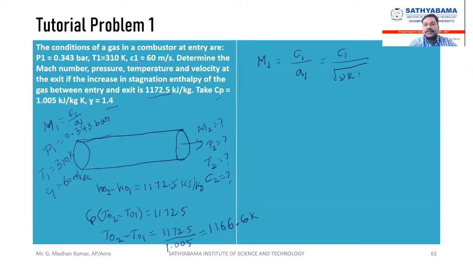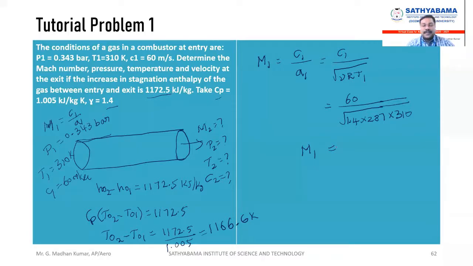Root of gamma R T, right? And then what is C1? C1 is 60 divided by root of gamma. The value of gamma is 1.4. R is 287 for air. And then T1. T1 is 310. Right? Now tell me what is the Mach number M1?